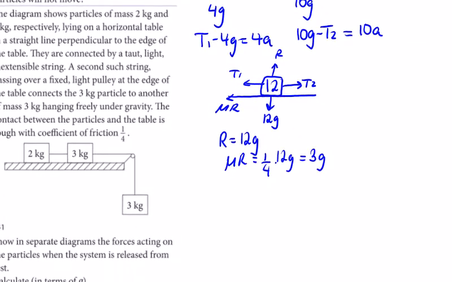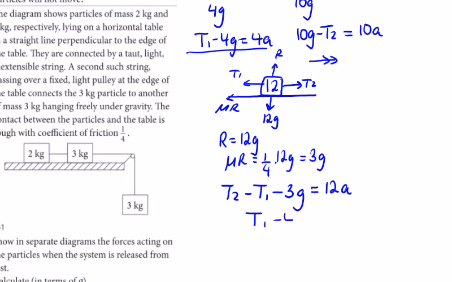So my equation now is T2, it's going in this direction, T2 minus T1 minus mu R, which has just got to be 3g, is equal to ma, which is 12a. Bringing our other two equations down, T1 minus 4g is equal to 4a, and 10g minus T2 is equal to 10a.